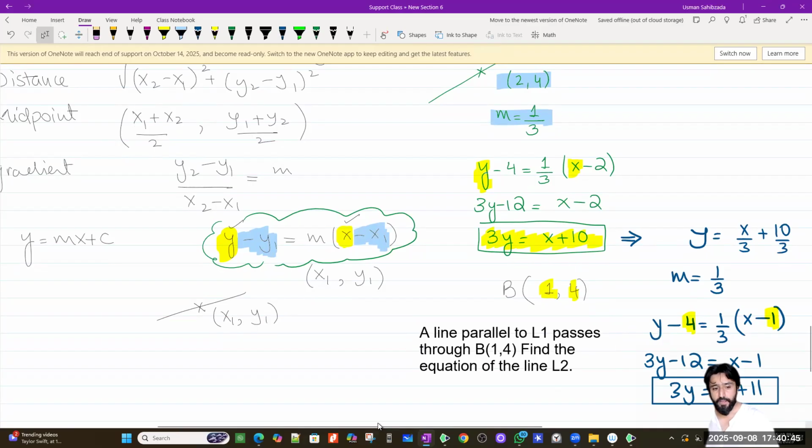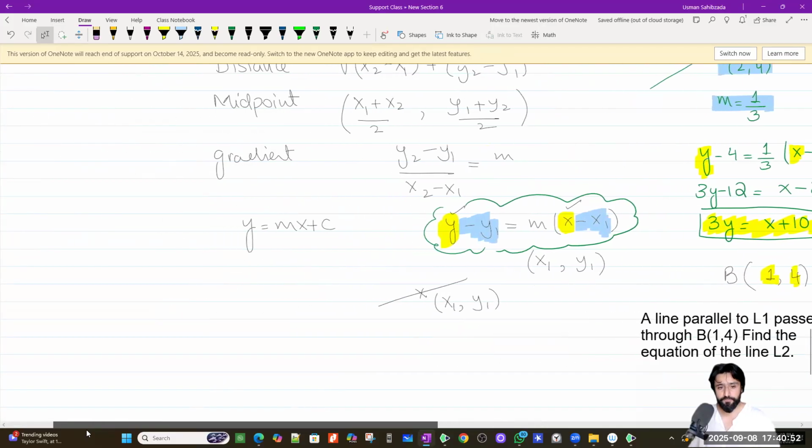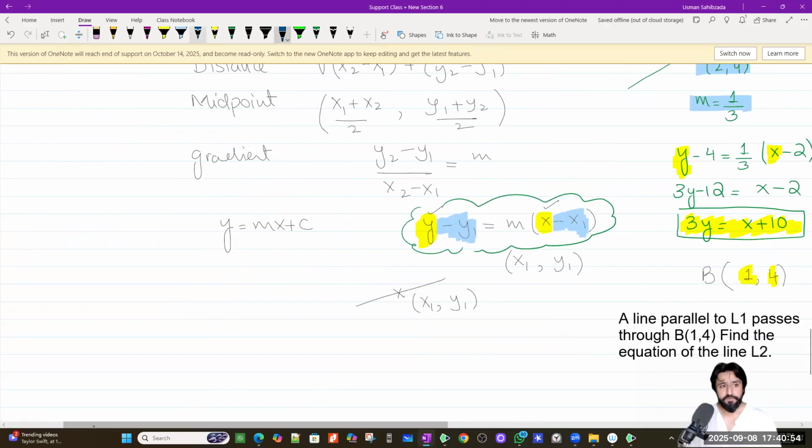Now a perpendicular line, the relationship between two lines that are perpendicular to each other, is a fixed relationship which keeps getting tested again and again.